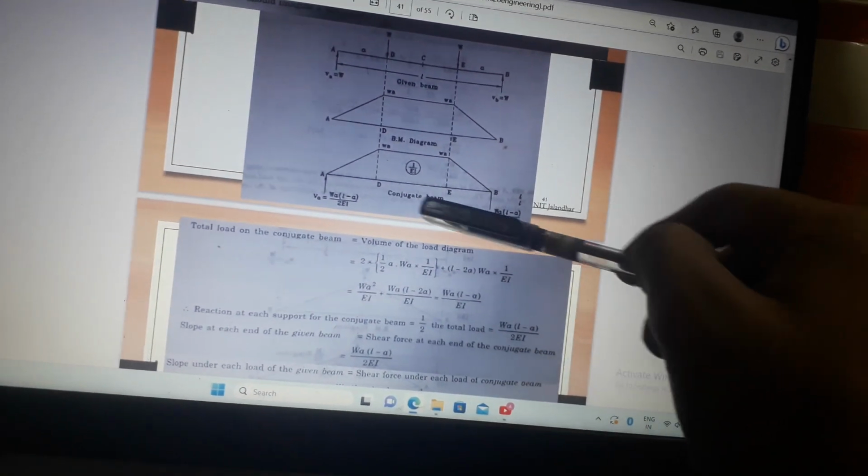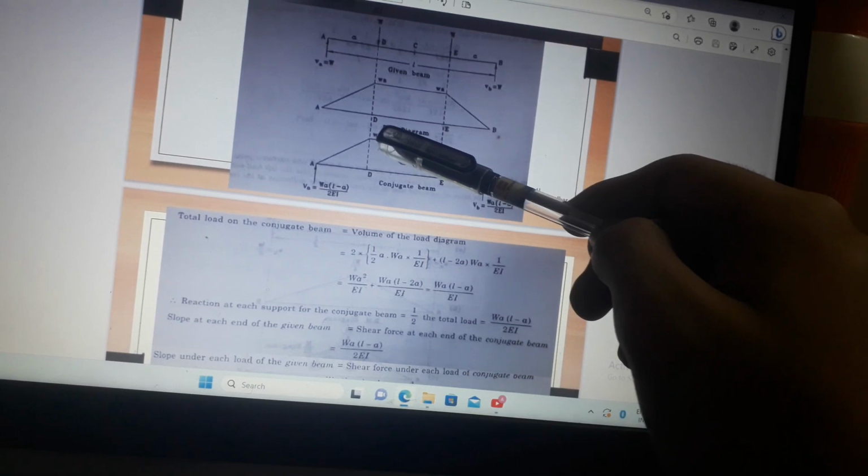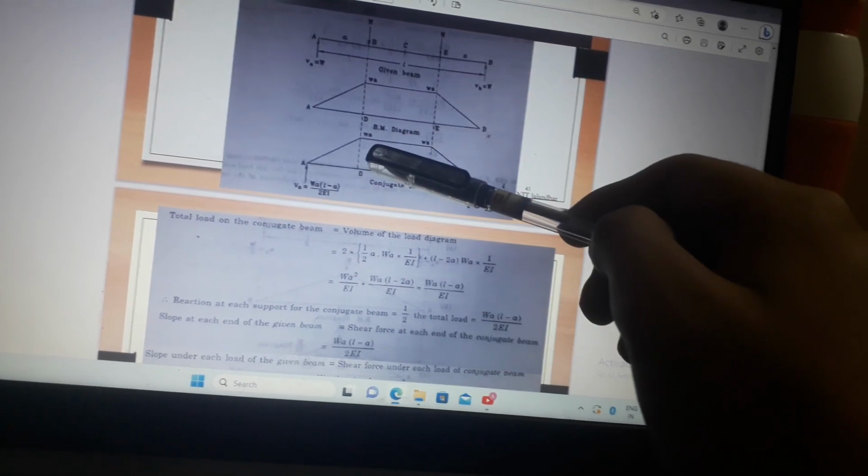This is the conjugate beam, and here for example is WA, then 1 by EI, half A plus (L minus 2A) into WA into 1 by EI.